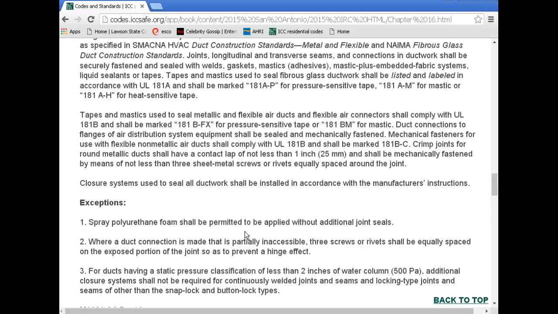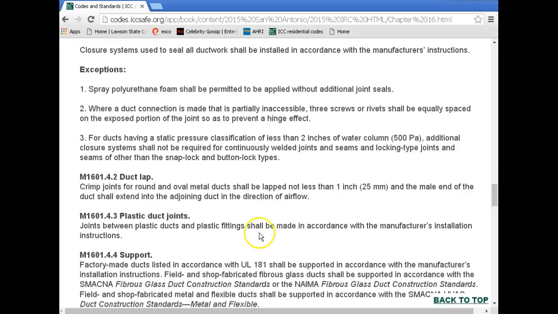All right, what else? Let's go with supports. 1601.44, do I still have that? No. 1601.43 to 44, new number.